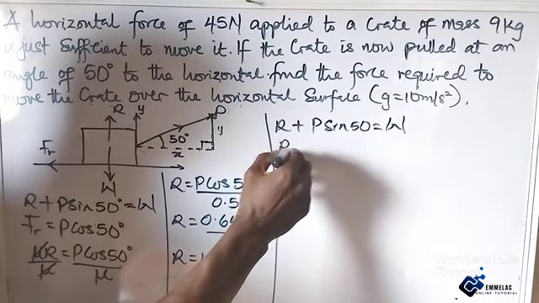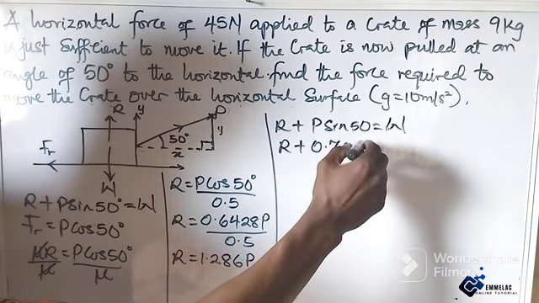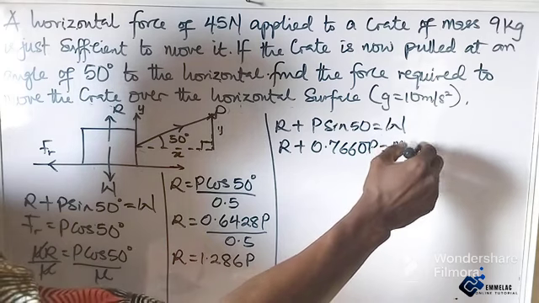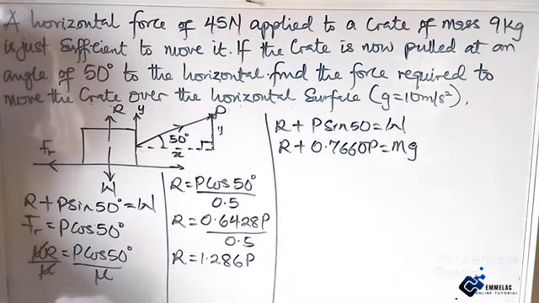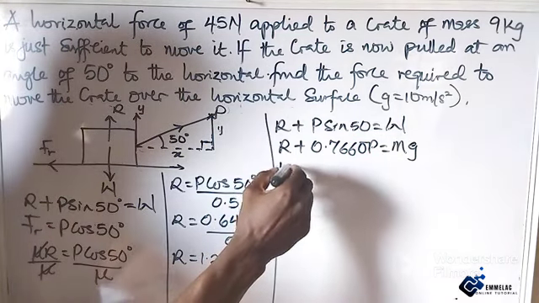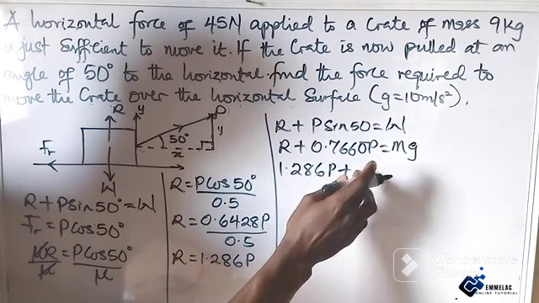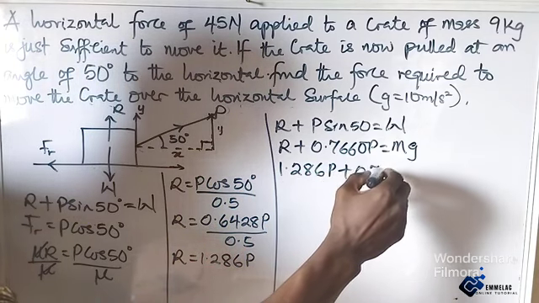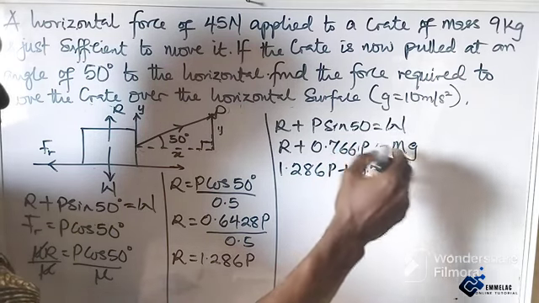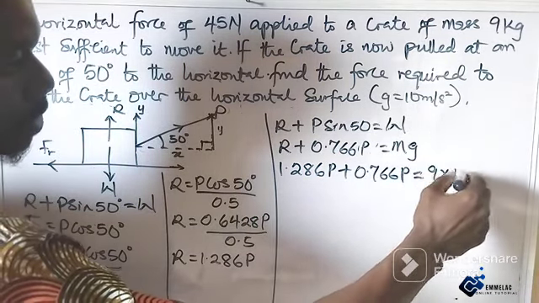So here we have that R plus 0.7660 P equals mass times acceleration due to gravity. And our R here is this. So here you have 1.286 P plus 0.766 P, then equals our mass here, which is 9, times 10, which is 90.